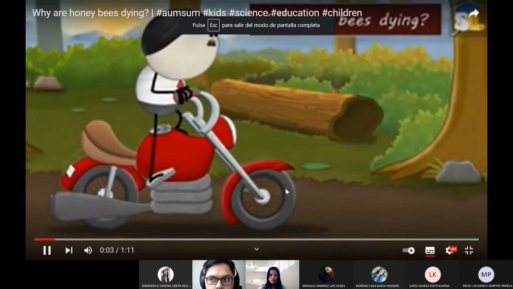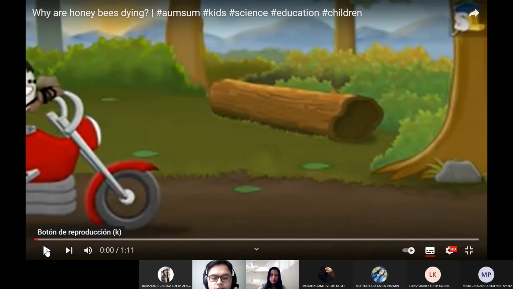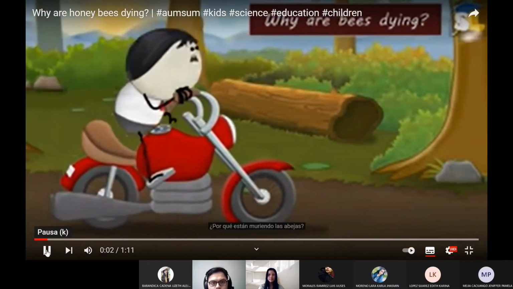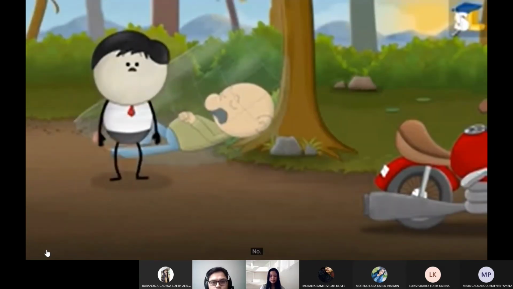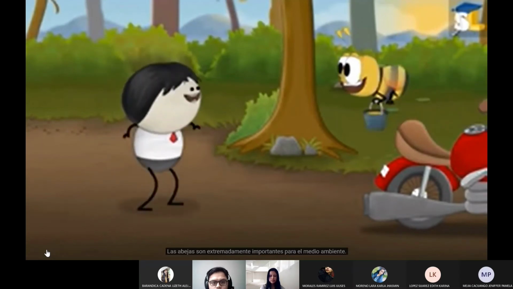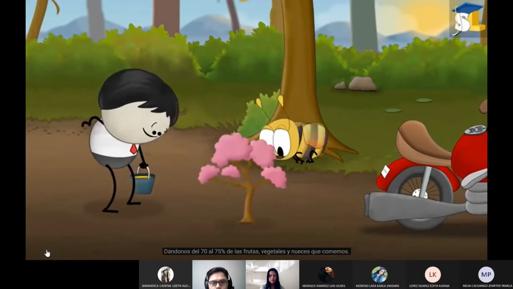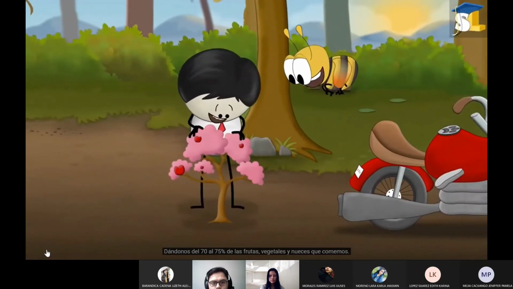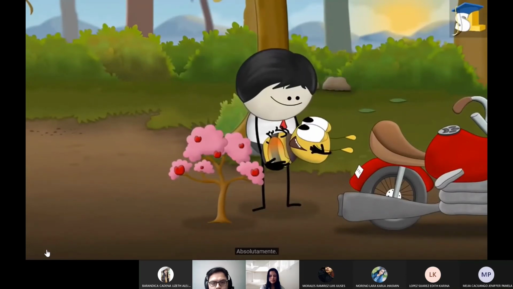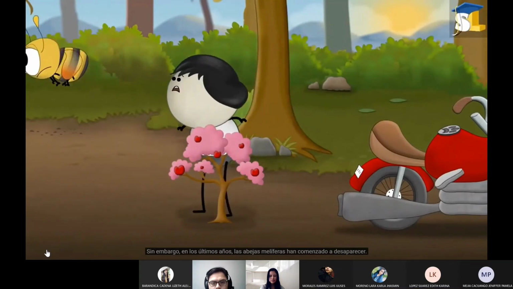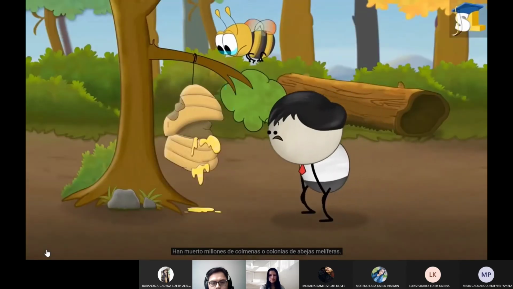Why are bees dying? Maybe because of mosquito nets. Nah. Honeybees are extremely important for the environment. Besides providing honey, honeybees pollinate crops, giving us 70 to 75% of the fruits, vegetables, and nuts that we eat. Dude, bees are so necessary. Absolutely. However, in the last few years, honeybees have started to disappear. Millions of honeybee hives or colonies have died.